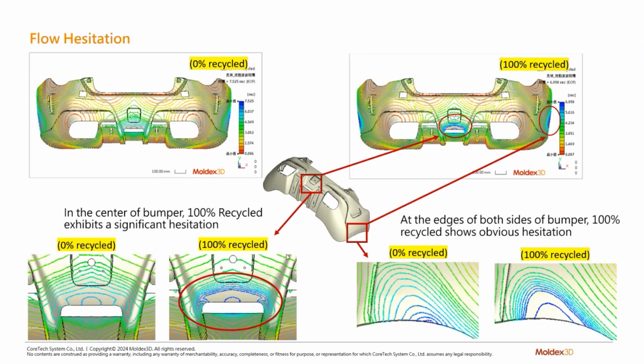So these images are showing the ISO contour of each time step in the filling. The smaller distance between these curves shows a slowing down or a hesitation in the flow.